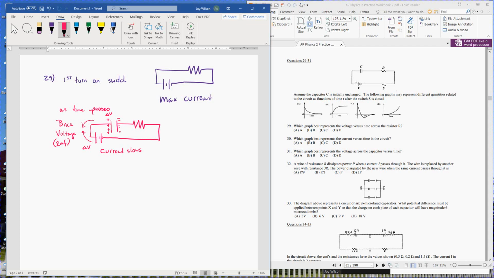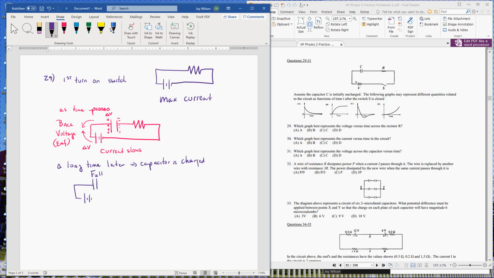And the longer you let it go, the phrase that AP likes to use, a long time later or sometime later, and what they mean is the capacitor is charged, then here's what we get.